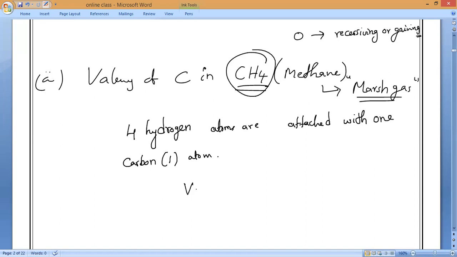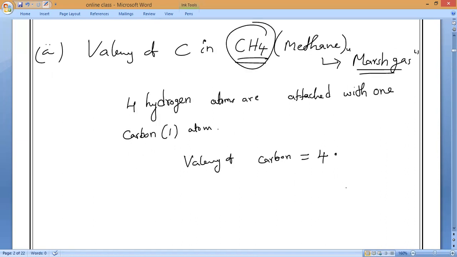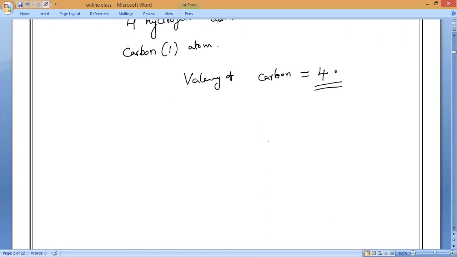So I can say the valency of carbon is how much, guys? 4, sir. Because here it can share.